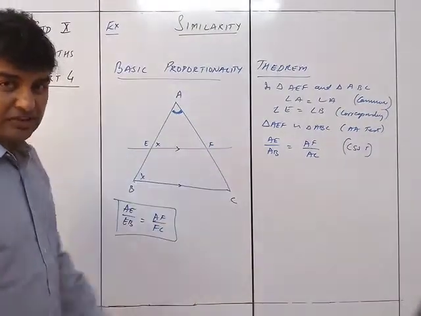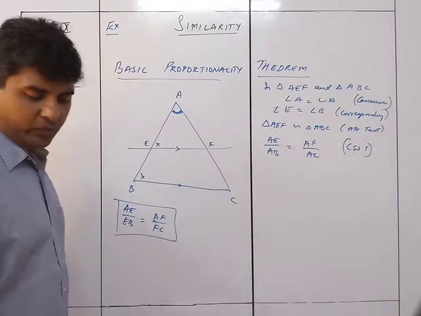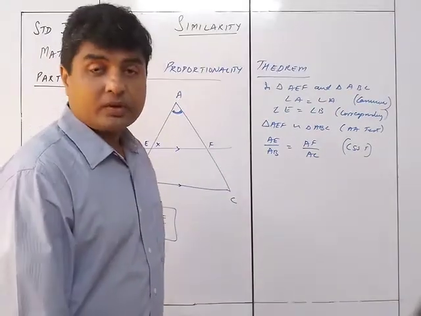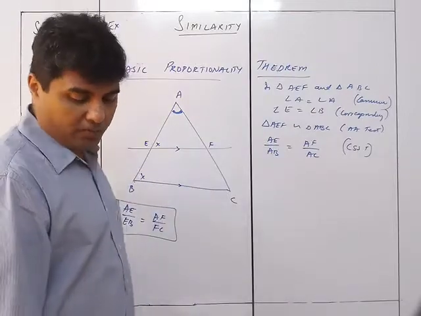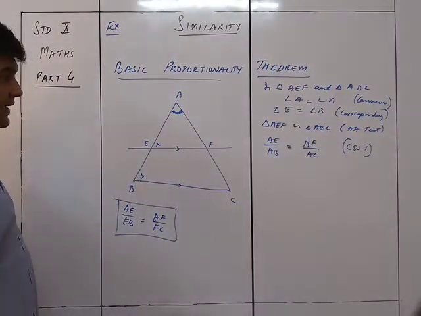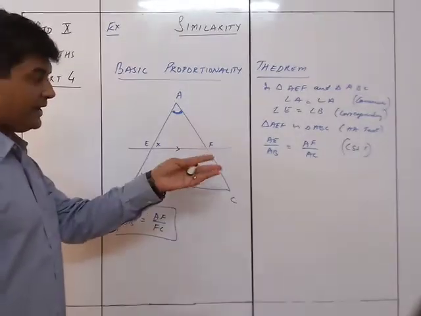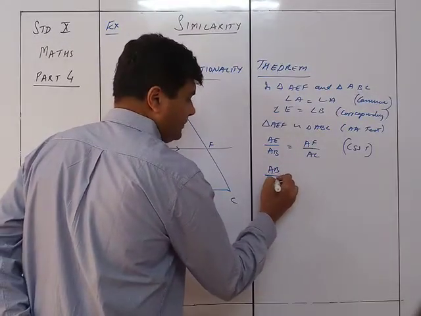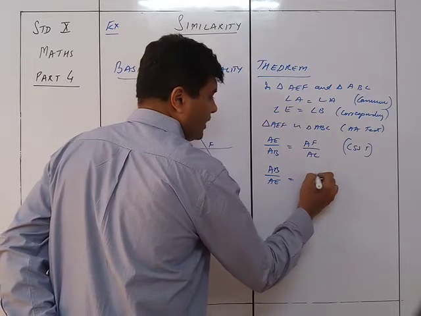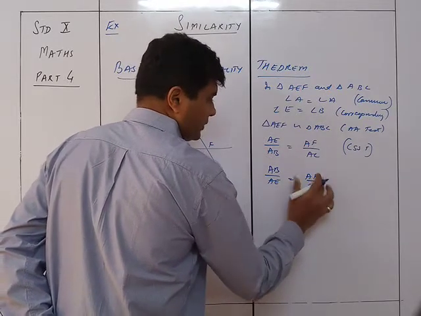If I take a subtraction over there, or what we call componendo, first we are going to take the inverse, we will take invertendo. So first it is AB upon AE is equal to AC upon AF.